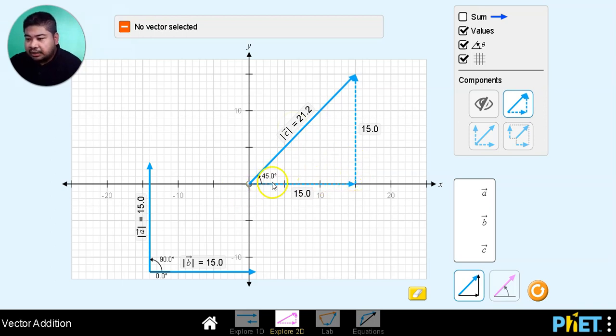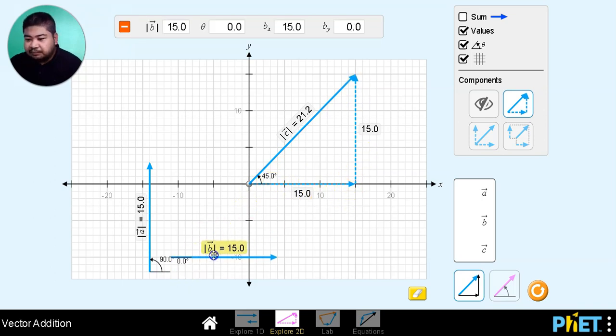Remember from our previous examples where we added vector A and vector B that are perpendicular to one another. So basically in resolving vectors, we reverse the process. Instead of combining two vectors to form the diagonal vector, we break up the diagonal vector into its horizontal and vertical vectors.